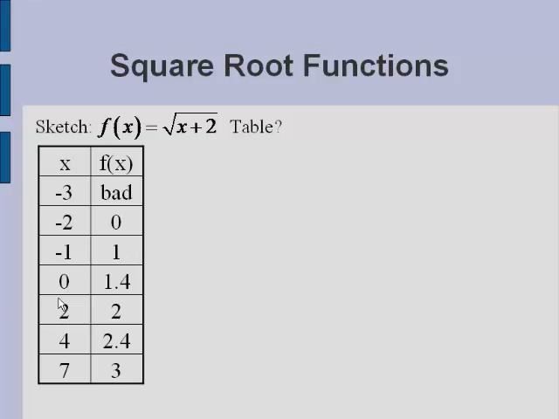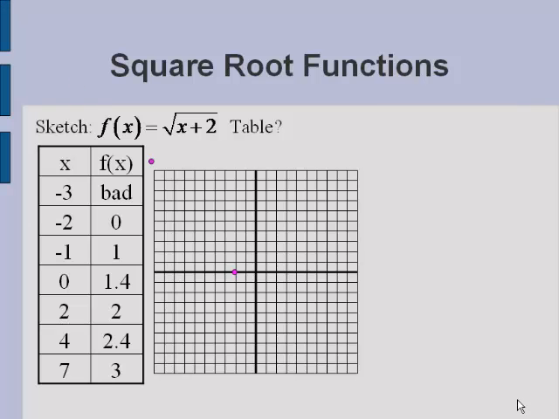I chose these inputs to make the outputs the same as the previous exercise, to show you something. It's a shift. We've shifted all of these inputs left 2 units. The outputs didn't change. The inputs, in a sense, got shifted left 2 units.